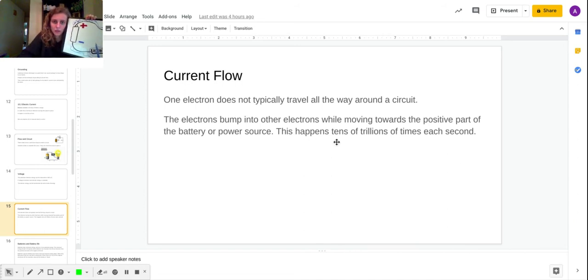The bumping and moving towards the positive part of the battery or power source happens trillions of times each second.